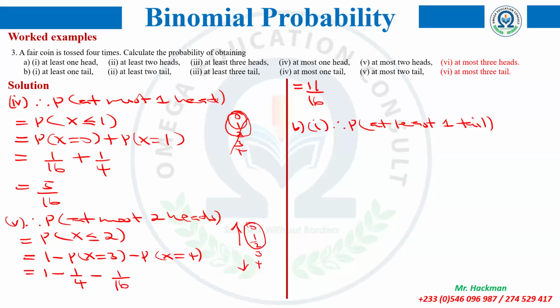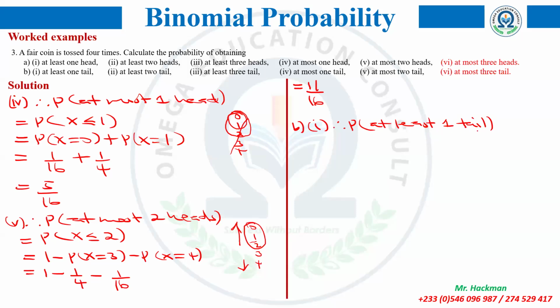Should I come again, my professors? Yes, please. Okay, all right. If you want me to come again, let your yes please be more cheerful. Remember I said anytime you have at least one, in probability, P of at least one will always be 1 minus P none.